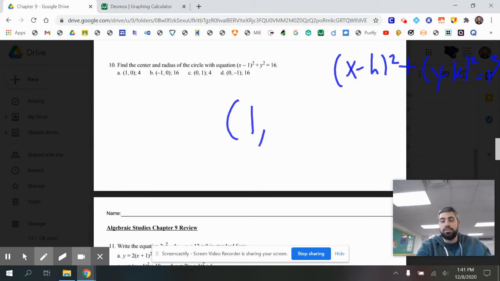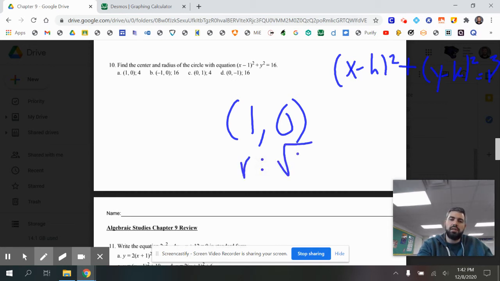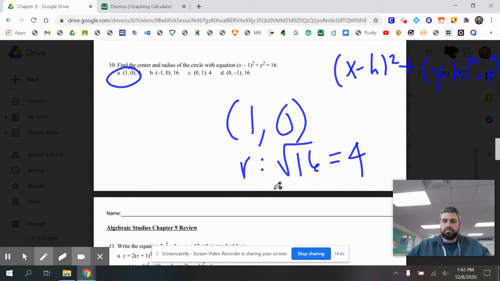Our k is, well, y is by itself, so k is going to be 0. And then the radius is going to be the square root of 16, which we know to be 4. And so this one is centered at 1, 0 with radius 4. So A is the correct answer.